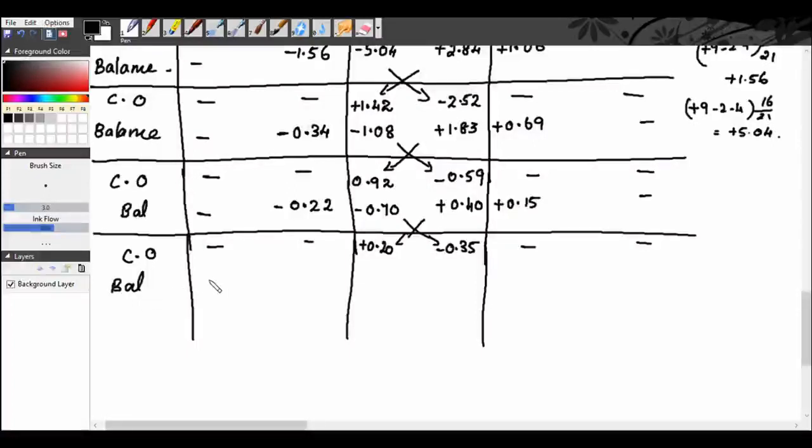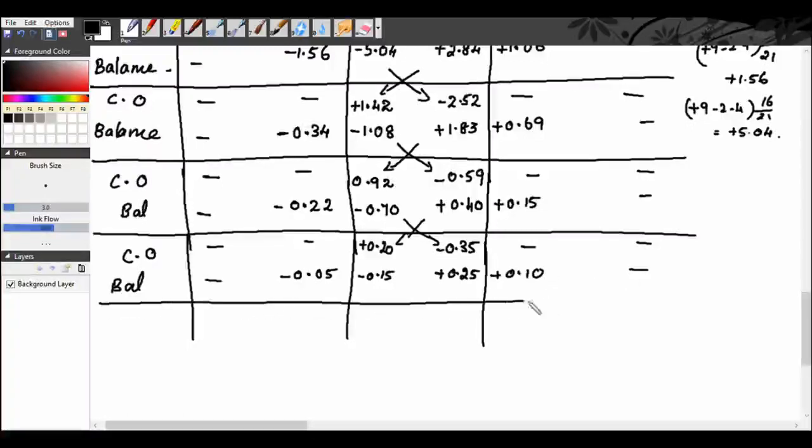So again balancing. There is no balancing here. Here the values are minus 0.05, minus 0.15, plus 0.25, plus 0.10. Balancing is as usual. Okay, so we will move fast.